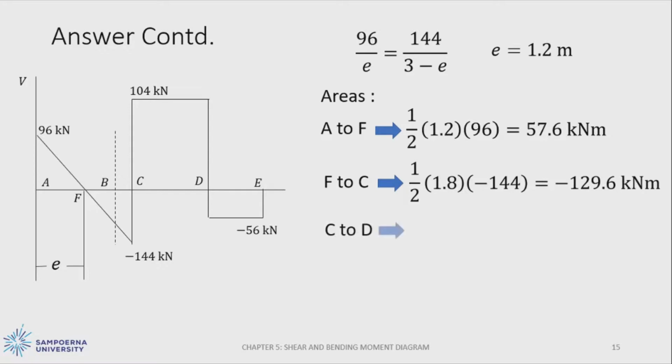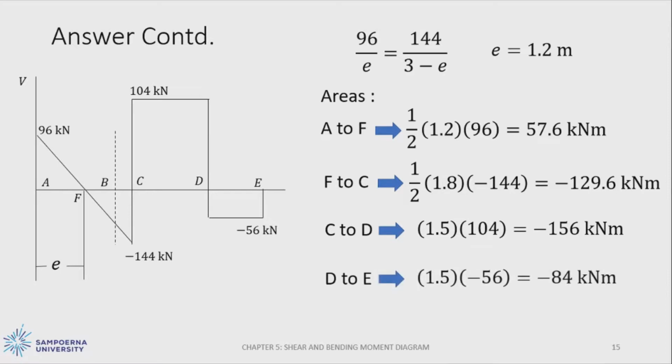From C to D, we can use a rectangular formula and it will give us minus 156 kilonewton meter, and from D to E will give us minus 84 kilonewton meter.